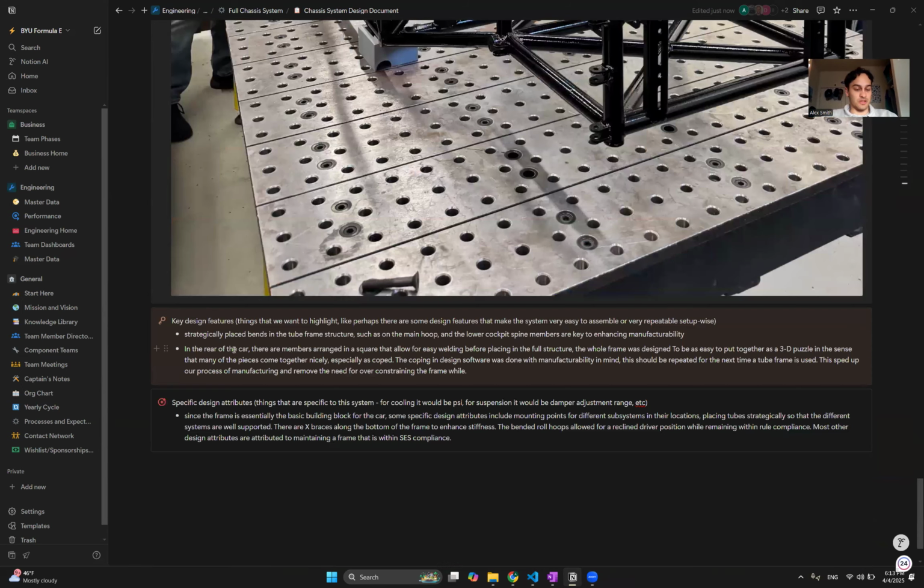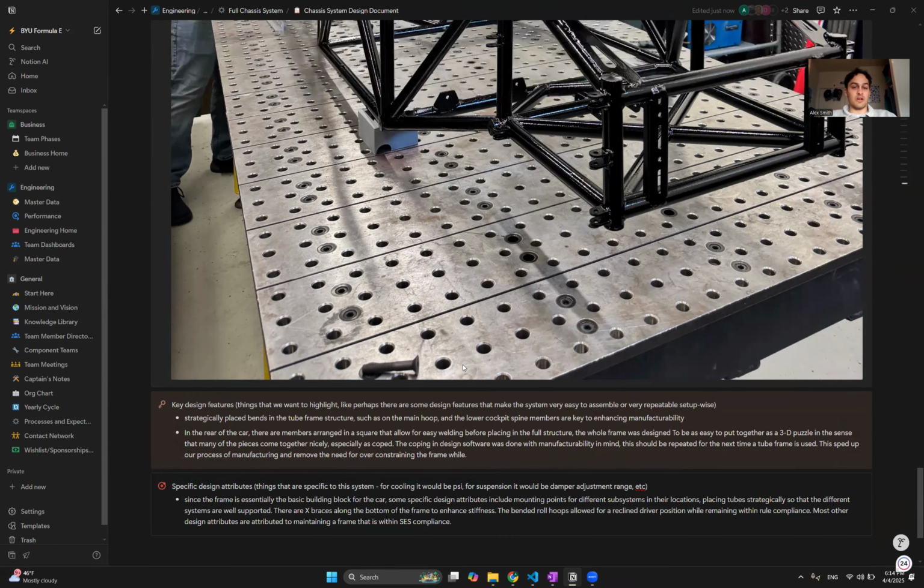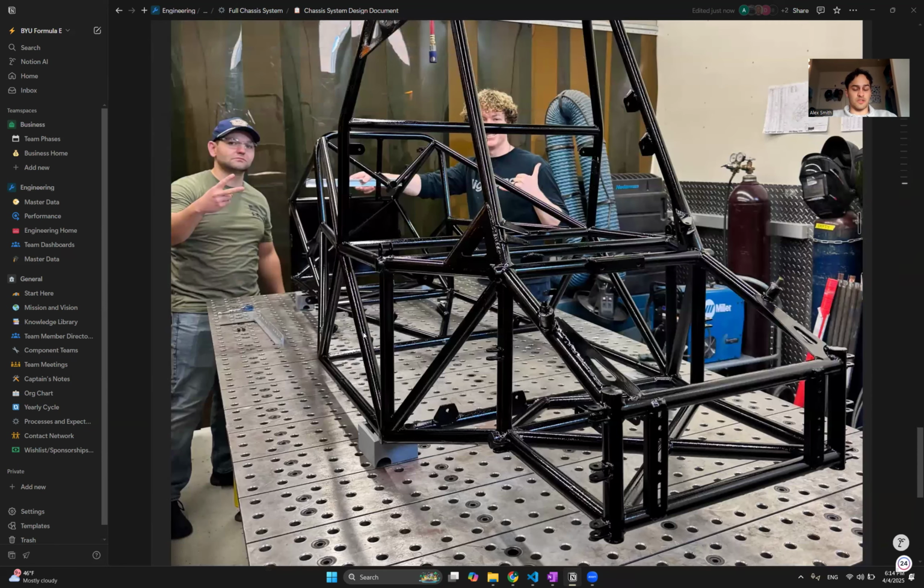But the last two things here are design features that you want to highlight. This description here and here are pretty straightforward, but these are things that maybe are unique to your design. So, for example, in this rear side of the car, you can see that we've got some parts here that are very square.